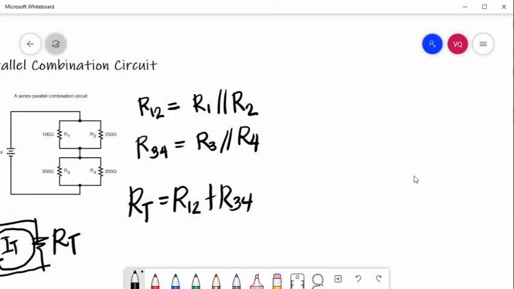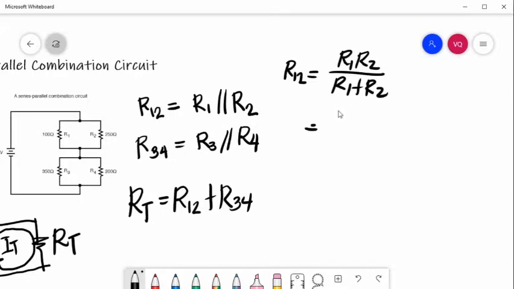So we have the parallel combination of R1 and R2. R12 is equal to, from our formula, R1 R2 divided by R1 plus R2.